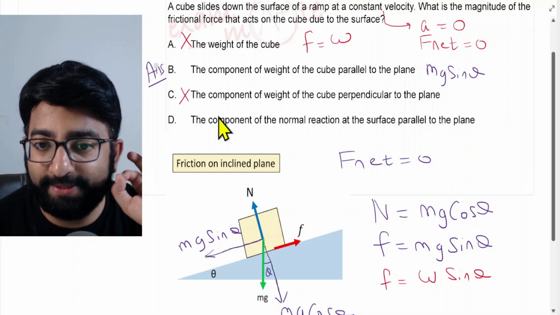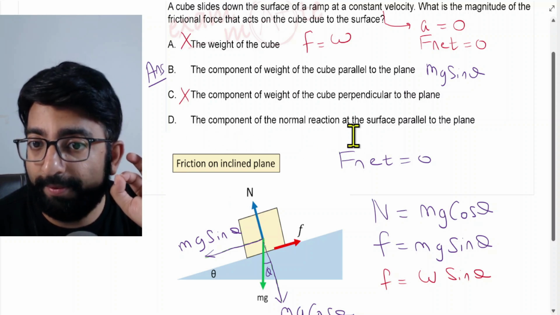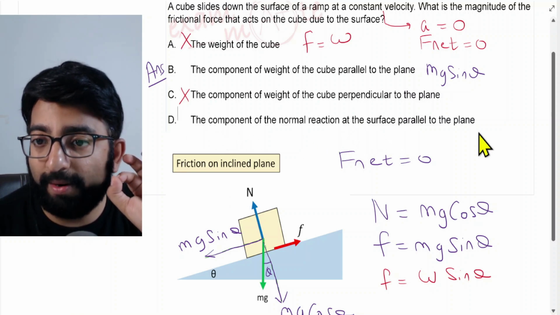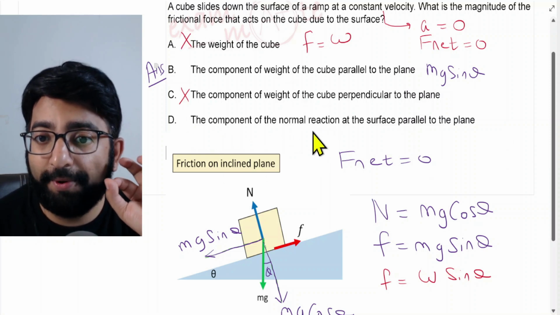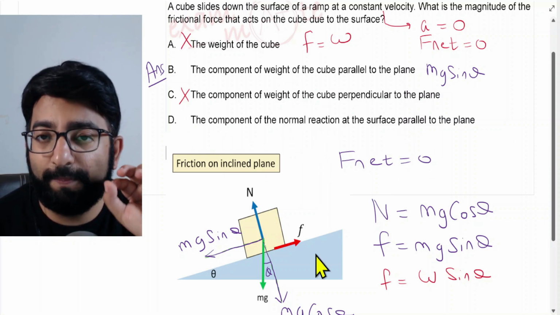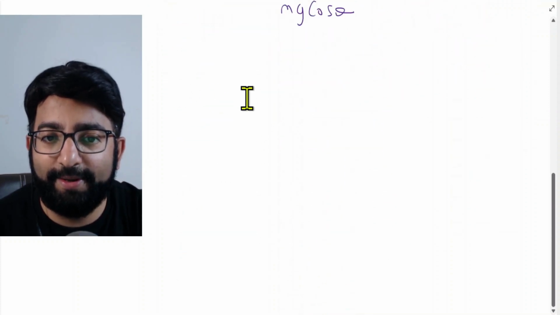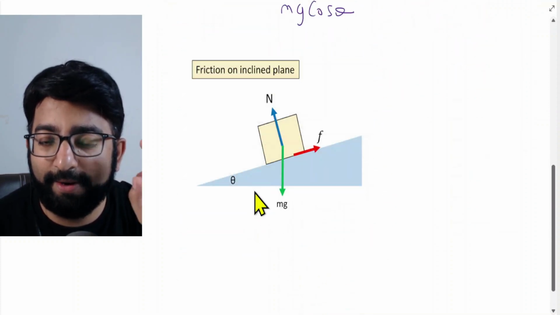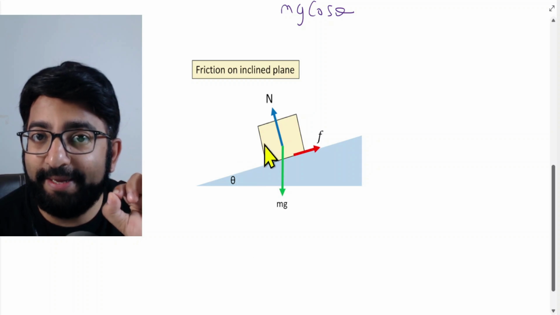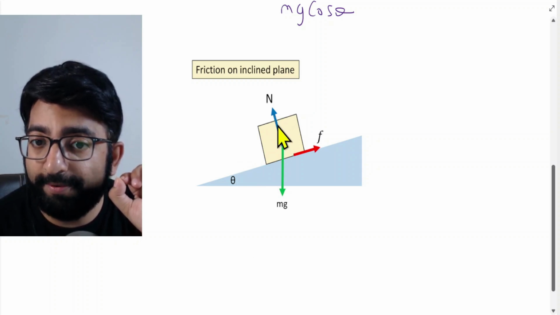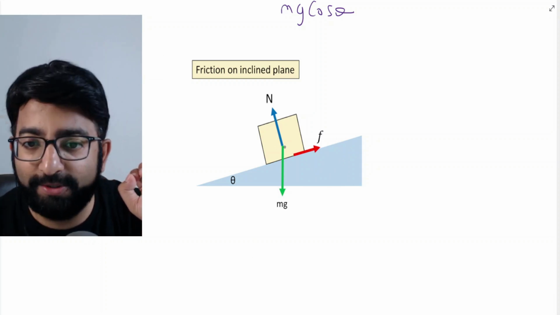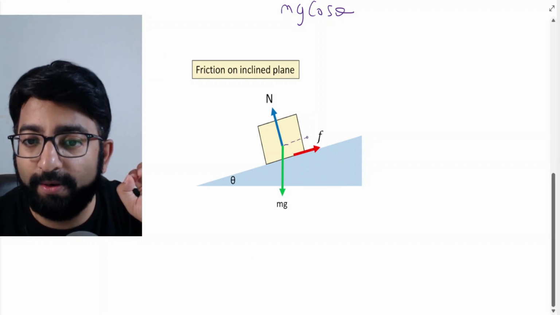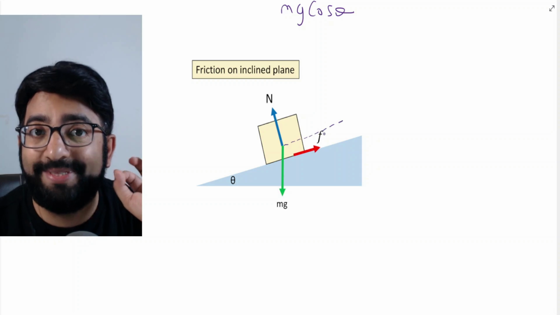Option D states the component of the normal reaction at the surface parallel to the plane. So is friction equal to this particular component of normal reaction which is parallel to the plane? To analyze this, let me draw the same figure again. According to option D, we need the component of normal reaction which is parallel to the plane. How do we do that? Let's draw an arrow. We need the normal reaction component along this arrow.